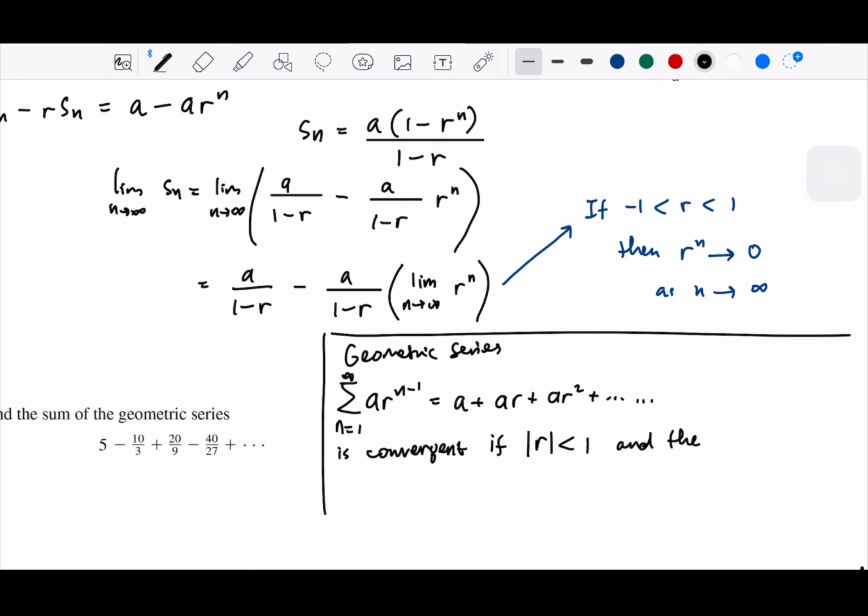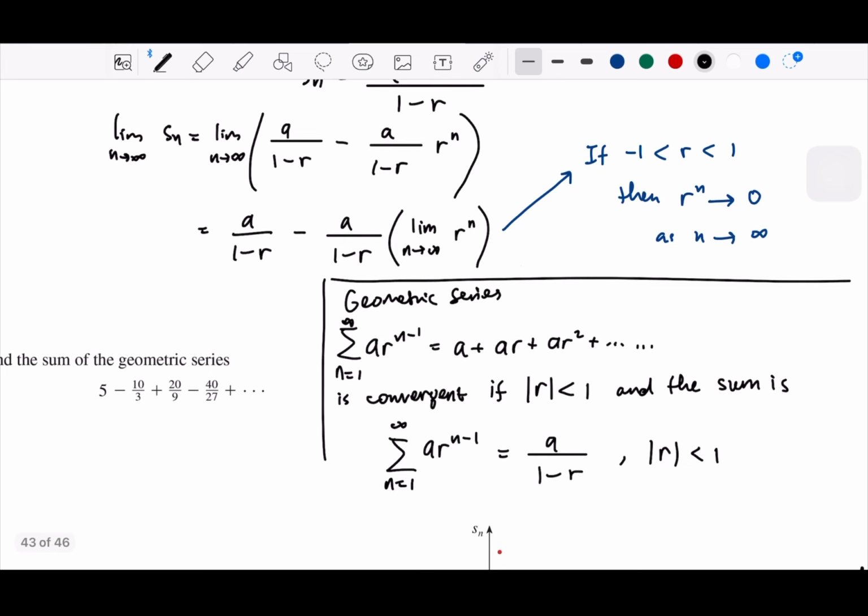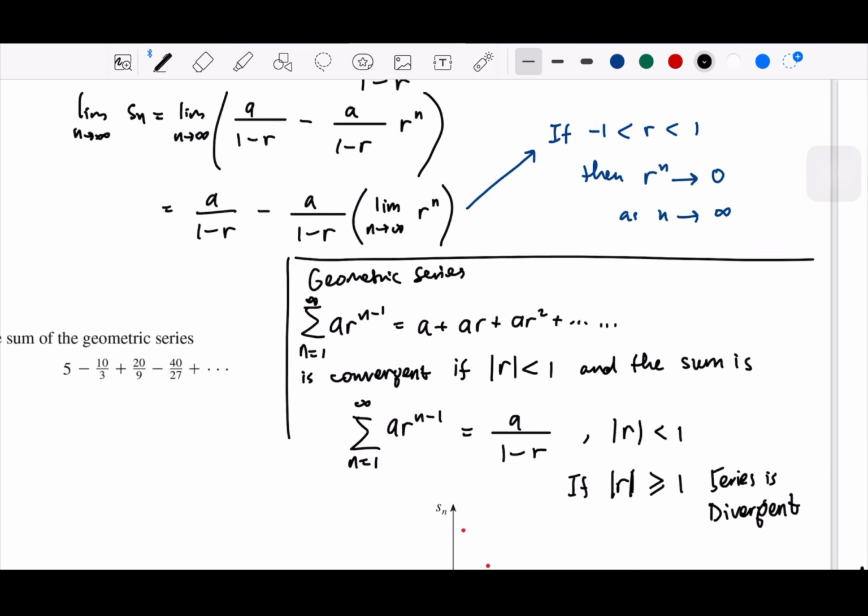And the sum is A over 1 minus R. Okay. If the ratio is greater than or equal to 1 in absolute value, the series is divergent. That's the conclusion. Okay.